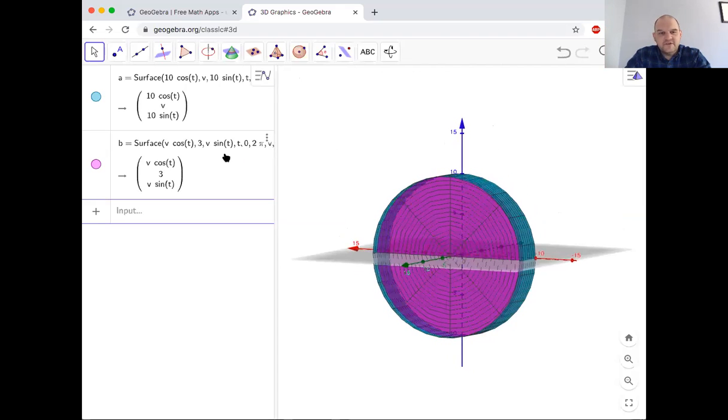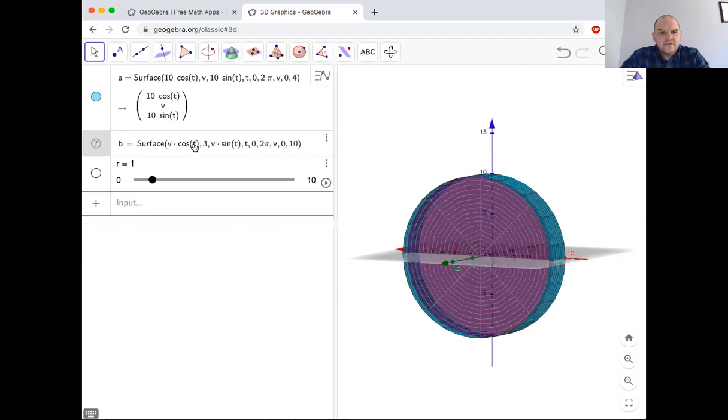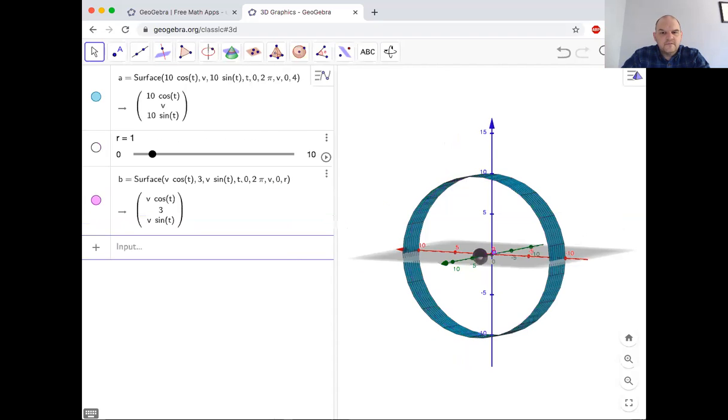So that's actually kind of fun to play with. I don't really need to be doing this right now, but I'm going to. I'm going to say r equals like 1 or something like this, and let's have this go from 0 to 10. And then up here, let's change this to r.